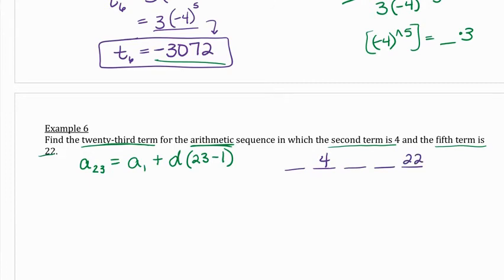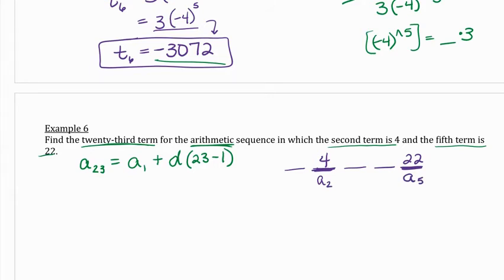This time we don't have our 2 terms right next to each other, so it's a little bit harder to figure out what that common difference is. But we do have some information here. We know what the second term is, this is A2, and we know that this term is A5.